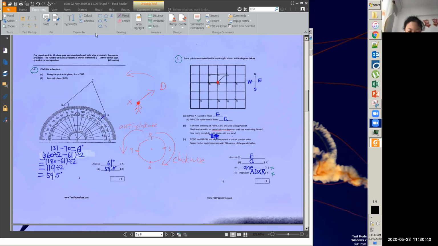G is here, in this direction. Let's say here is 0 degree, here is 45 degree, and here is minus 45 degree.